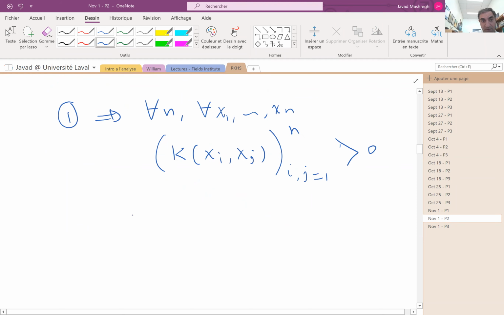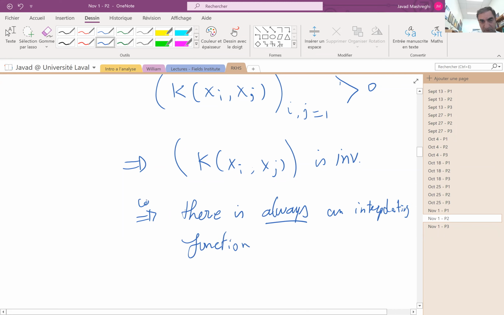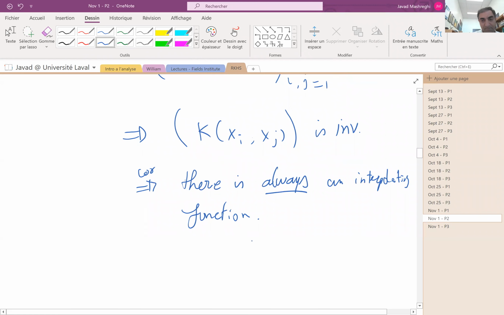In particular, this is invertible. And the corollary says that there is a solution, and there is always an interpolating function. This is the point where I used the previous corollary. And so this ends the proof. This is 1 implies 4.